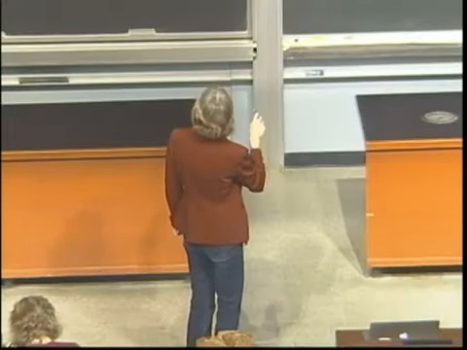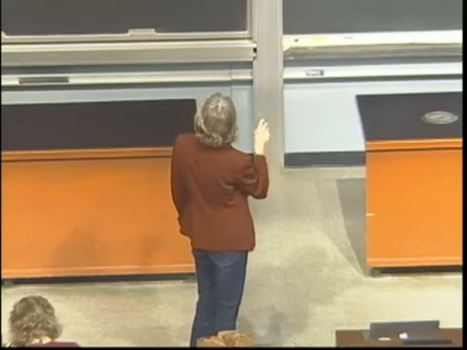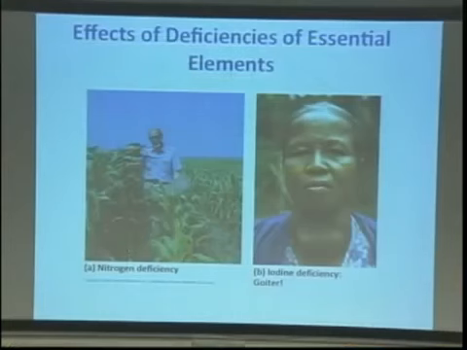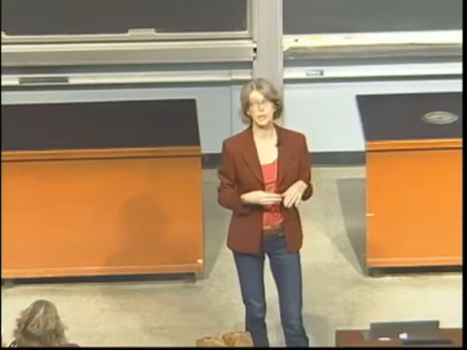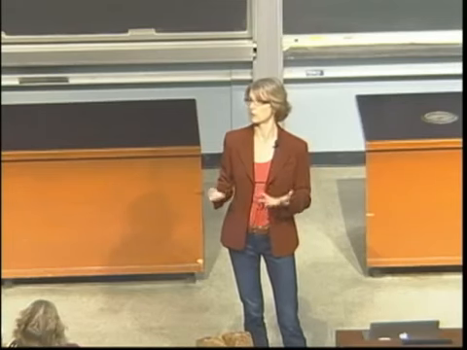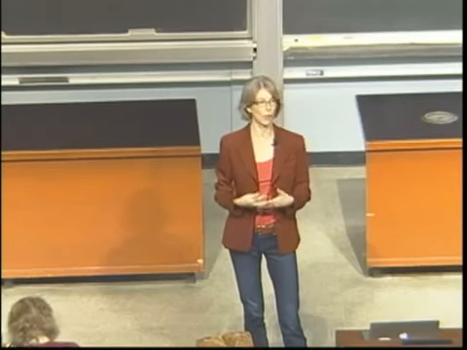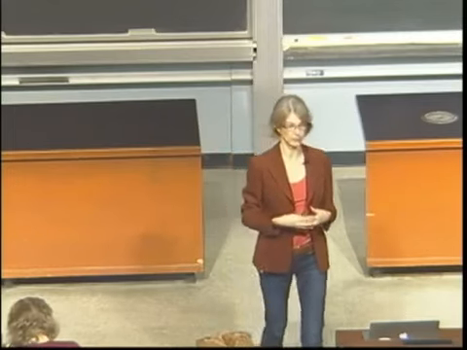But if we have a deficiency of this in plants, you can see a very profound difference in the height and the quality of the leaves, how green they are, in corn plants that have sufficient nitrogen and those that don't, right? These are a lot smaller and they're a bit more yellow in color. So this is again showing you that if you don't have enough of an element, then the plant is stressed. It can't make enough of the various molecules it needs to make to grow well. And so it shows those signs of stress.